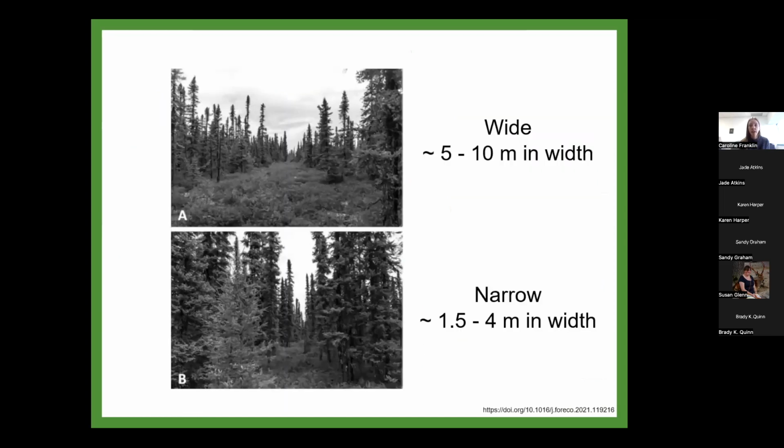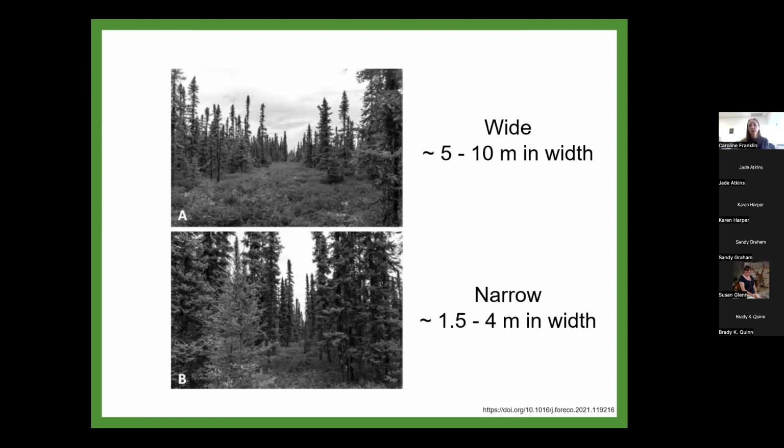So there are conventional seismic lines that are approximately 5 to 10 meters in width. Photo A on the top here is a photograph of a wide seismic line. And then narrow seismic lines are typically approximately 1.5 to 4 meters in width, so they're narrower. And these are used more recently because we know the effects of these wide seismic lines can be quite negative.